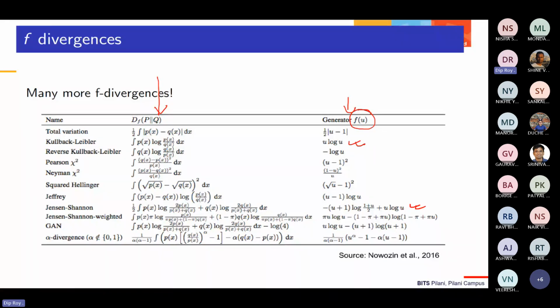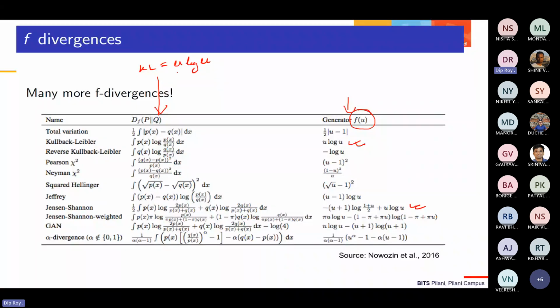The way in which this F divergence works, I'll just give you a simple example. We said that U log of U is nothing but the KL. And why is U log of U equal to KL?